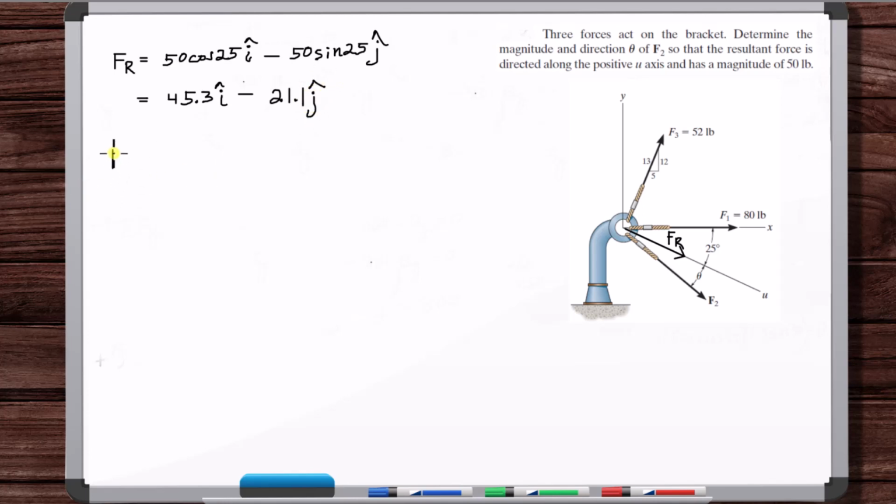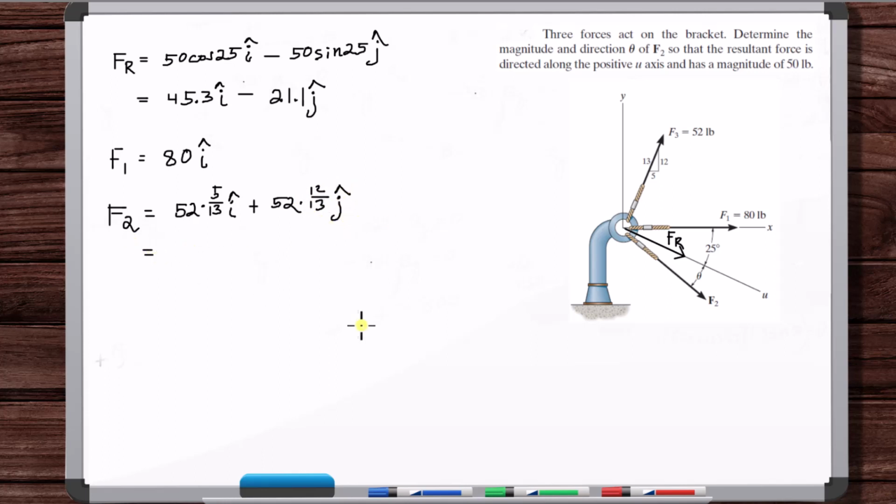Okay, now what is F1? F1's easy. That's just 80 i hat. All right, now what is F2? We can use this slope triangle, so it's positive X and positive Y. So we've got 52 times 5 over 13 i hat plus 52 times j hat.